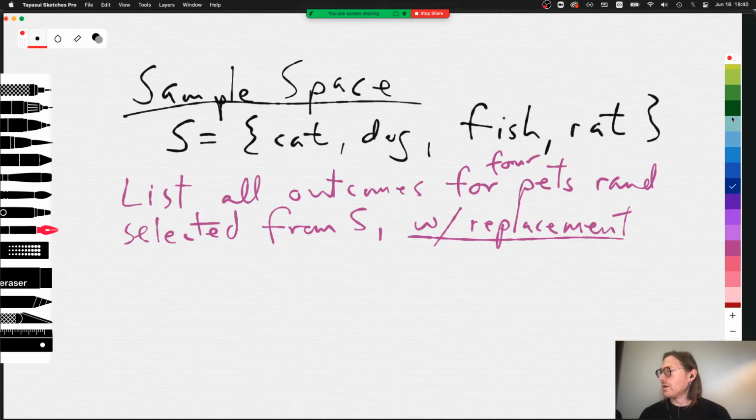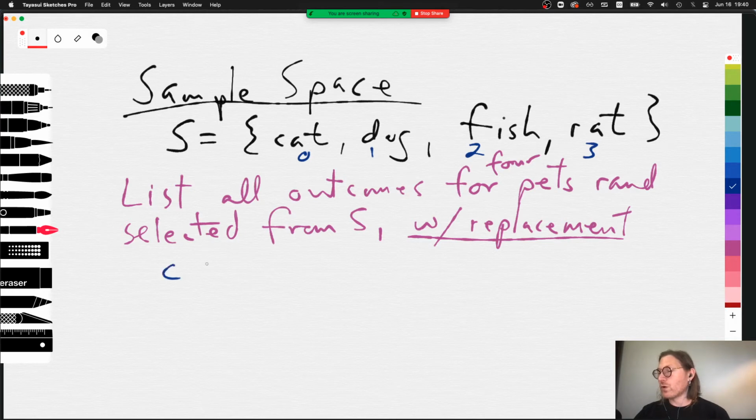Okay. So if we think about this like it is a counting system, each one of these things can be numbers. Cat could be 0, dog could be 1, fish could be 2, rat could be 3. Now, I am not going to use 0, 1, 2, 3 here. I'm going to use the letters C, D, F, and R. And I just want to show you that we can systematically count this. We could start with, let's say, our lowest number is cat.